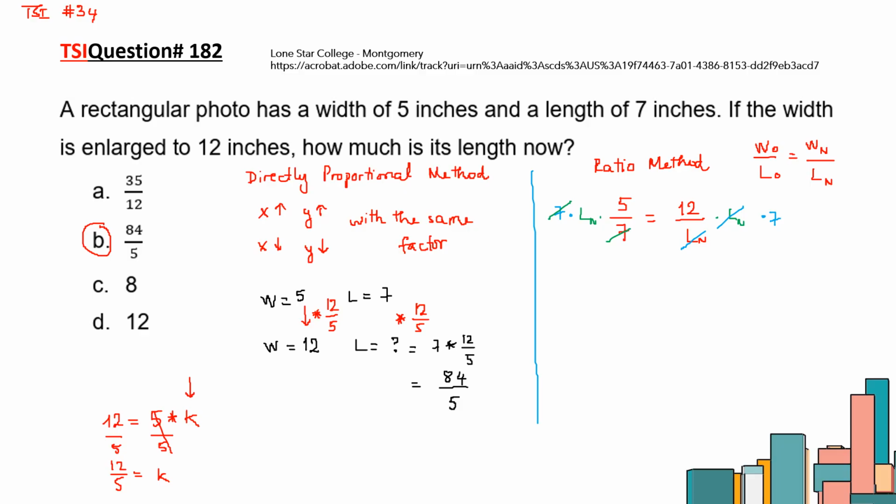So we have 5 Ln equal to 12 times 7, and we know 12 times 7 is 84. So we divide both sides by 5 to isolate Ln. So the new L will be 84 over 5.